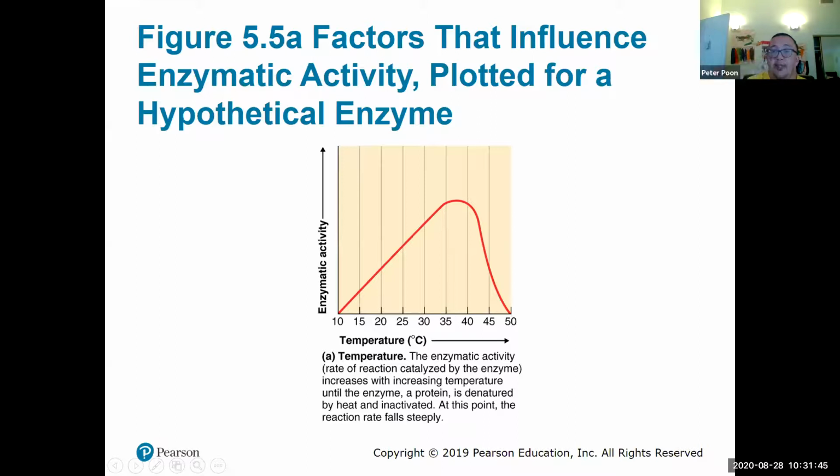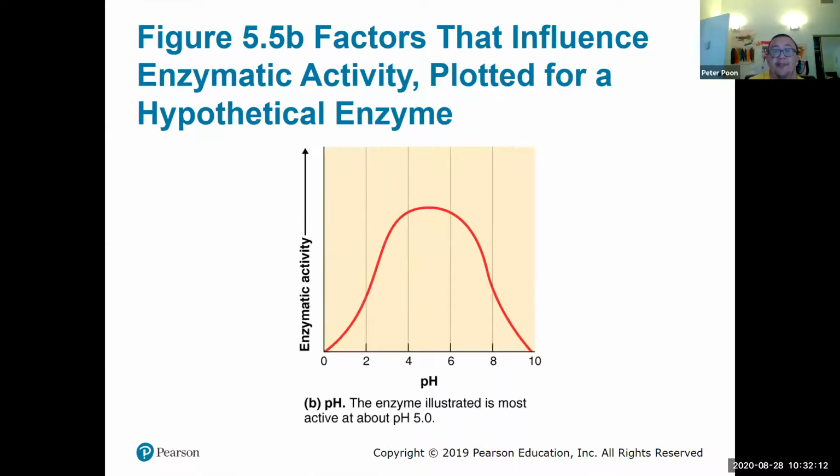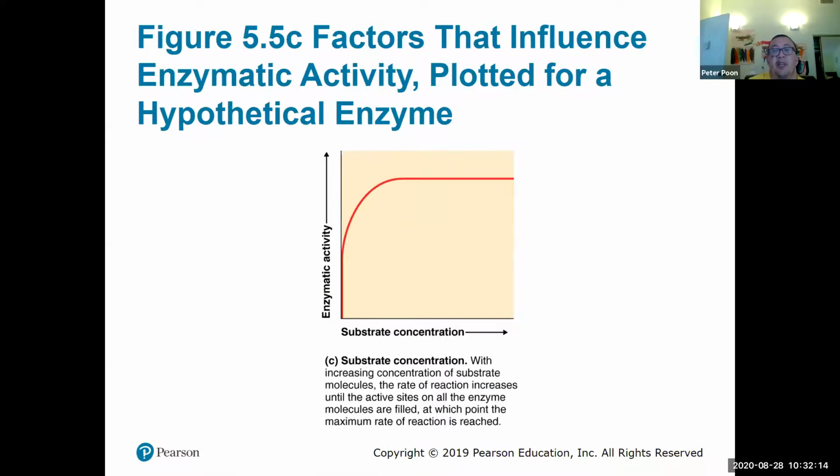Our body is 37 degrees, so our enzymes work best around 37 degrees. Notice that after 40 degrees, and even a little before 40 degrees, the enzyme activity rate goes down. So when you're spiking a really high fever, that's not particularly good for you. The only benefit is that it's worse for the bacteria. Same for pH.